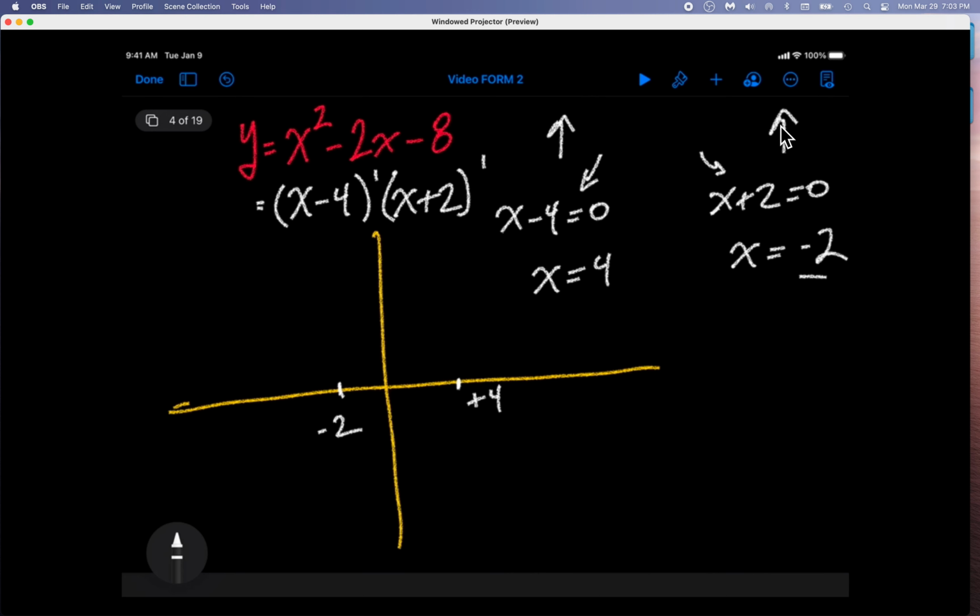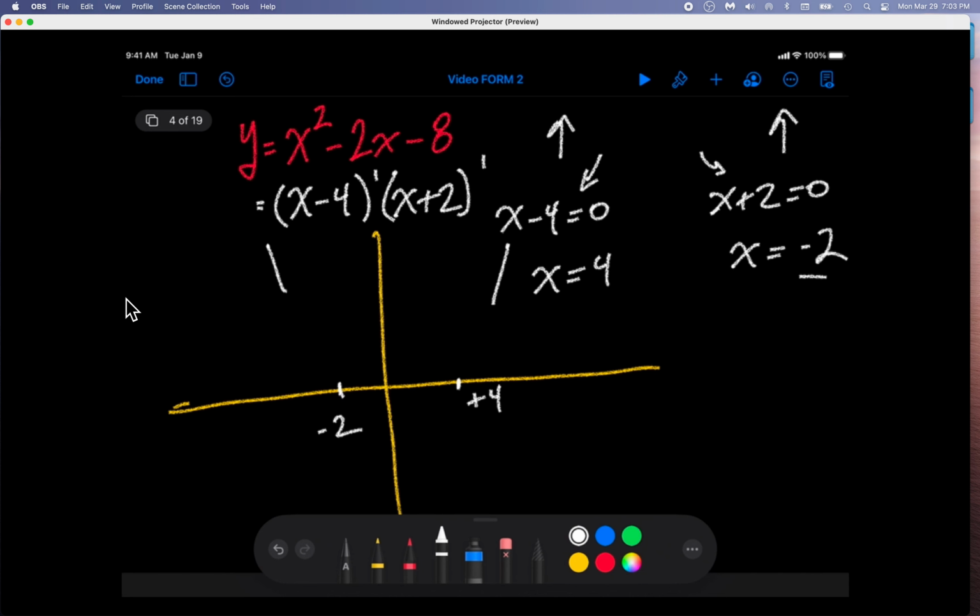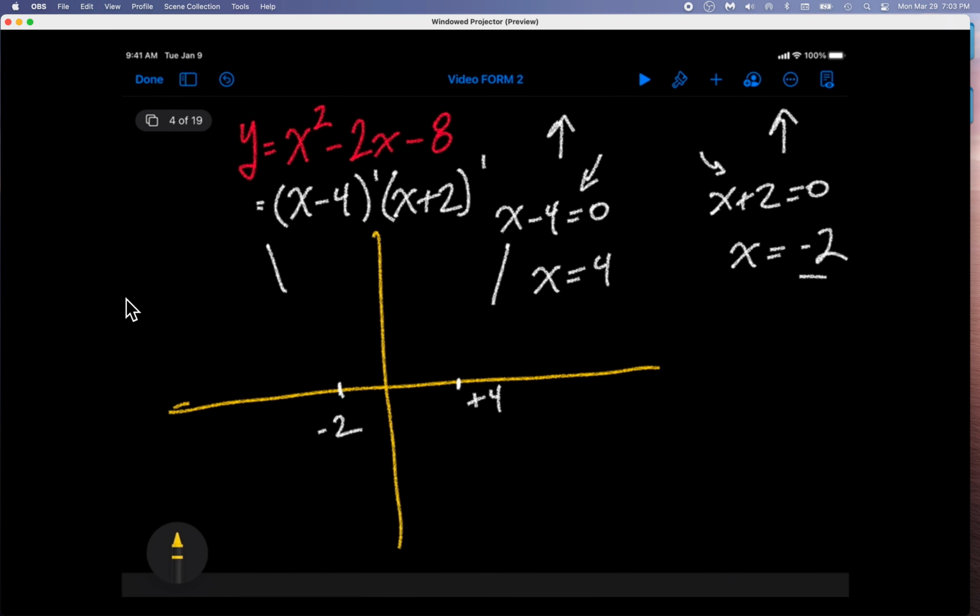We have an up-up situation, which means the graph is going to be up over here, and it's going to be up over here. As we approach this 0, we know it has to go through. We also know that it has to end up and go through this 0. So we know there's going to be a turning point here.